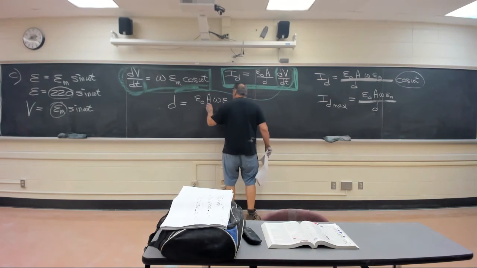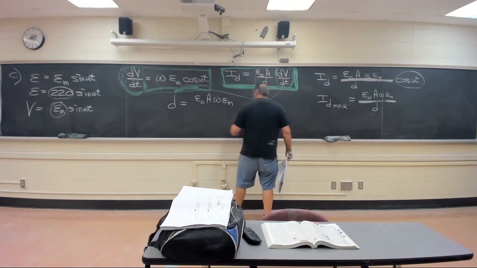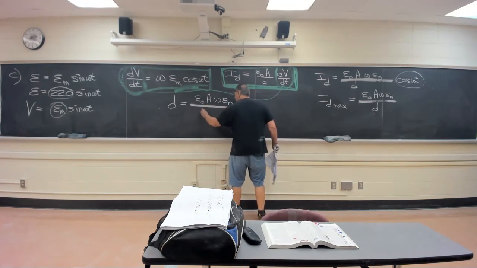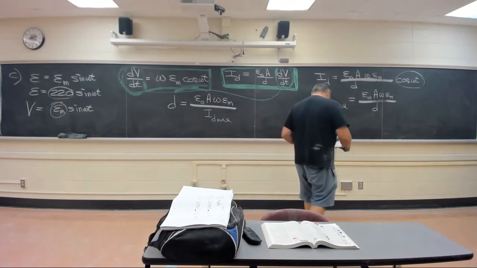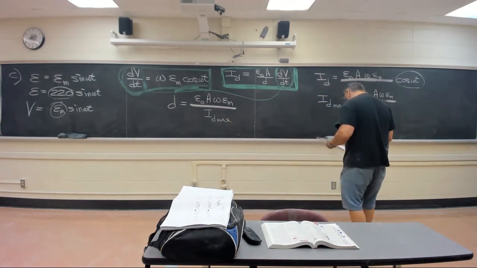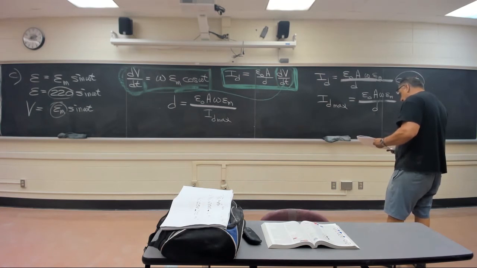This is the maximum area, plate area, that we're talking about. You're not going outside of the plates on this. You're staying within the plates. I_D max is the current that they gave you. D equals epsilon naught capital A omega E sub m over I_D max.